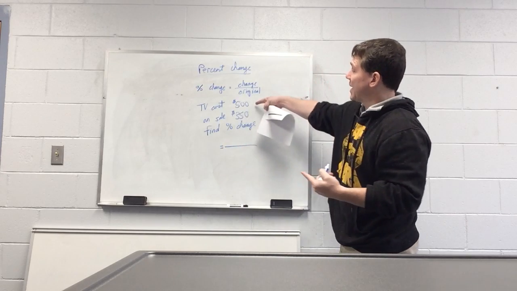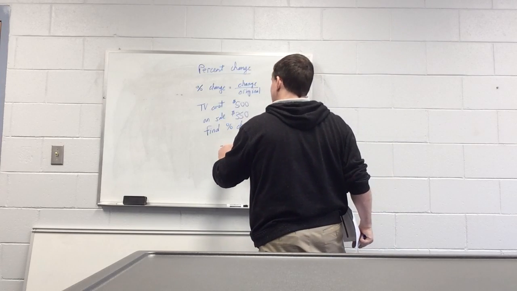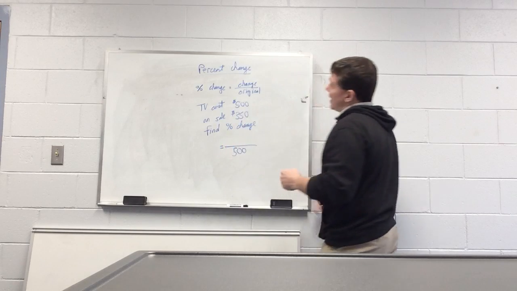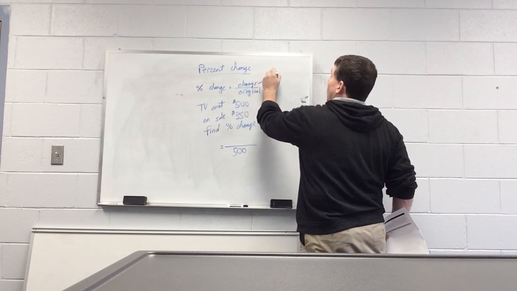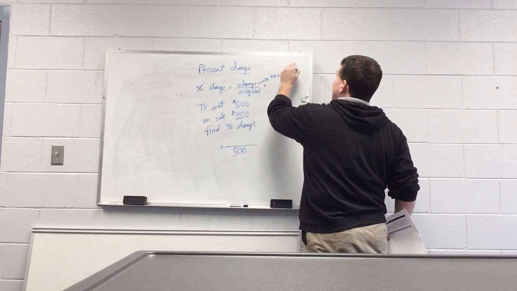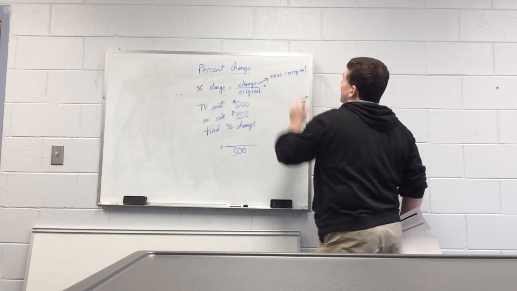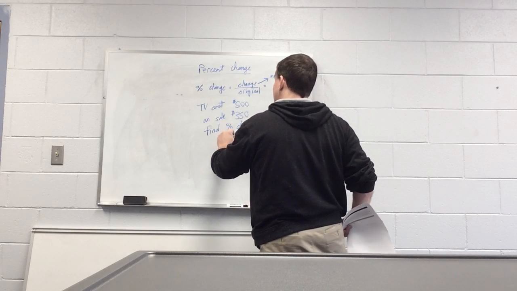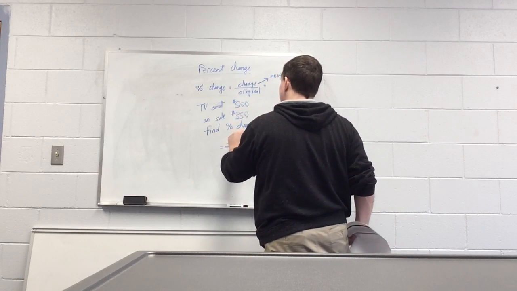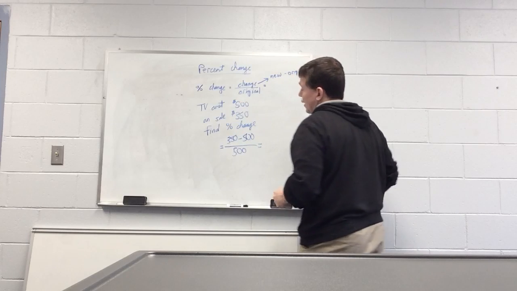Original is the original price. The original price was $500, so that goes in my denominator. To get my change, the change is always the new minus the original. So in this case, the new price is $350 minus the old price, which is $500.